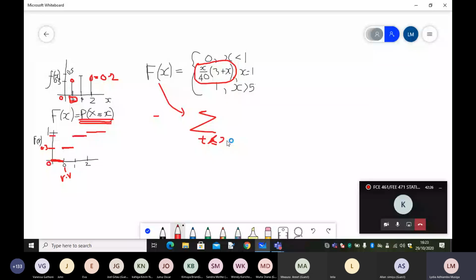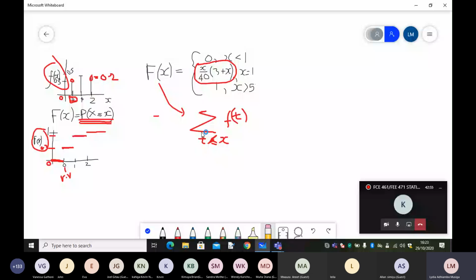We were introducing t for the sake of summation. And maybe now when I write this and you relate to my first explanation of small f of x and capital F of x, it makes more sense. So this was for the discrete case.